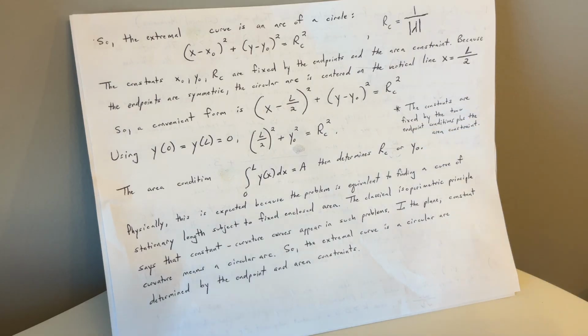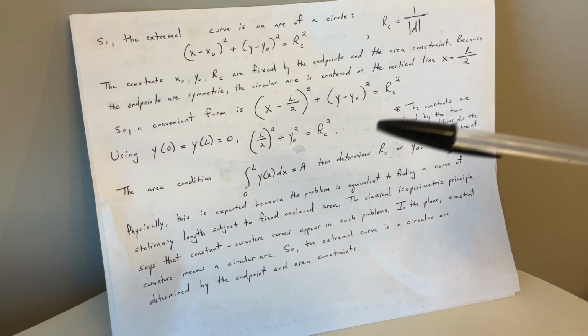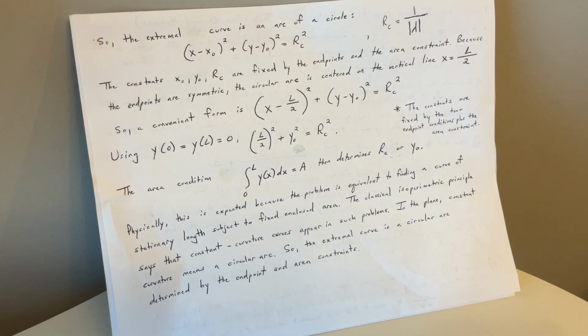Because the endpoints are symmetric, the circular arc is centered on the vertical line x equals L over 2. A convenient form is x minus L over 2 squared plus the quantity y minus y naught squared equals r sub c squared. Using y of 0 equals y of L equals 0, we have L over 2 squared plus y naught squared equals r sub c squared.